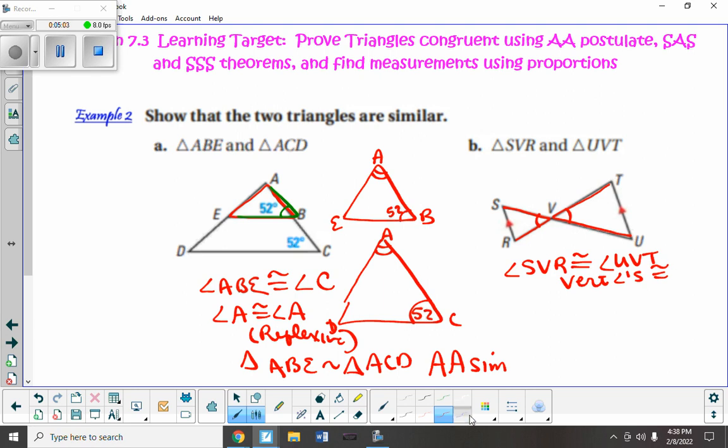And then we have these little symbols right here. That means that the lines are parallel. So I like to extend them just to kind of see a little better. And it doesn't matter which other line transversal you want to look at. We can look at this one. And if this is the case, angle T would be congruent to angle R because those are alternate interior angles.